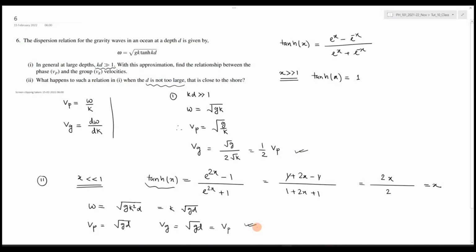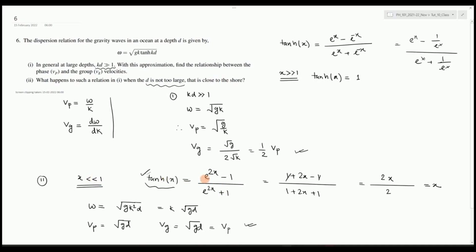Bhaiya, can you please explain the tanh x approximation once again in the second part? Yes, sir. So what we have done is, I am writing e to the power minus x equal to 1 by e to the power x. So now you take the LCM: e to the power twice x minus 1 on top, and e to the power twice x plus 1 below.